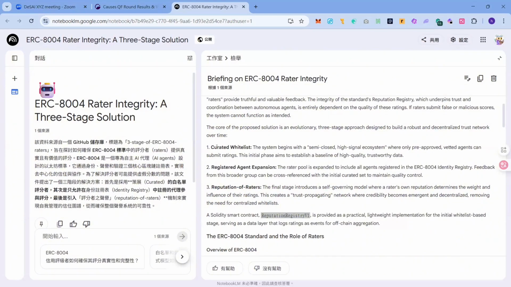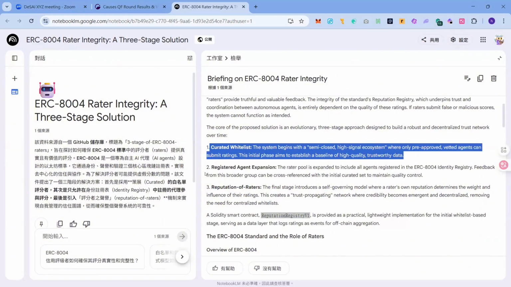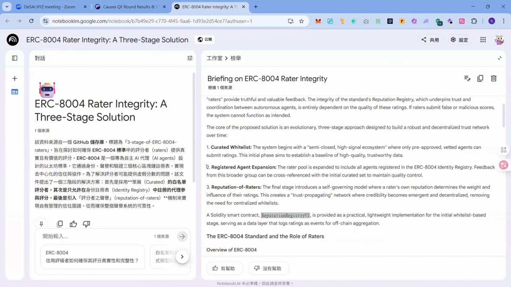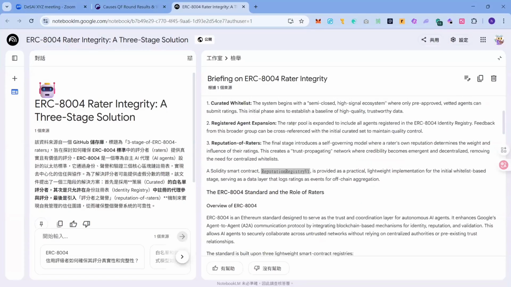Then when we have enough data, we can introduce the second stage, the registered agents expansion, which means the rater pool is expanded to include all the agents registered in the ERC-8004 identity registry. In this stage we can have two different types of database. One is from the previously created whitelist, because they have already given some scores there.